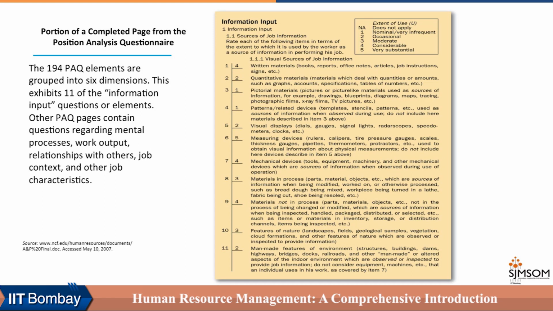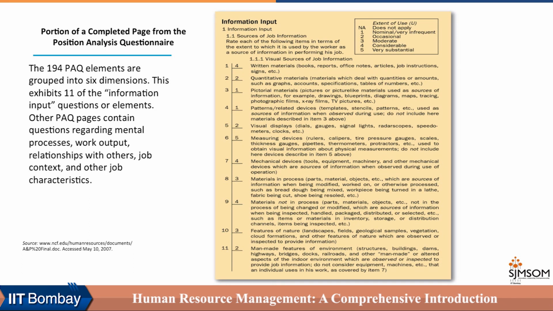If you look at the source of job information, that is about rating each of the items in terms of the extent to which it is used by a worker as a source of information. This is one part of the job information input, and from where in this particular job the information input comes.